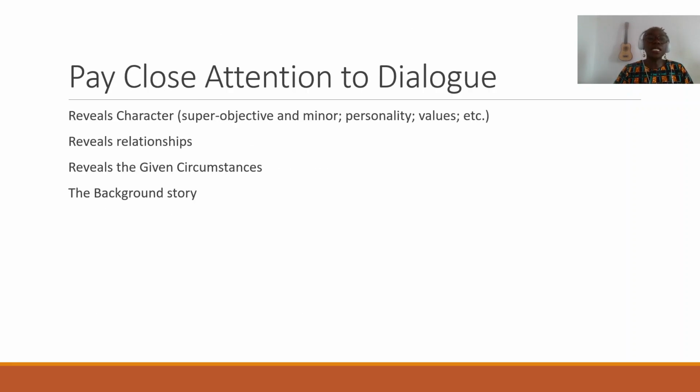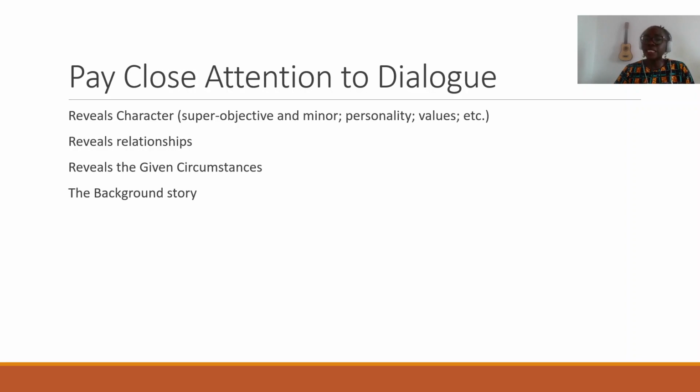You have to constantly pay close attention to dialogue because it reveals character. It reveals the super objective of the character, and then we follow the minor objectives that the character follows in order to achieve it.